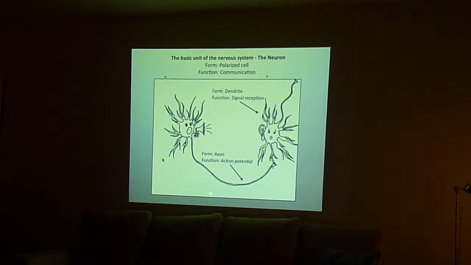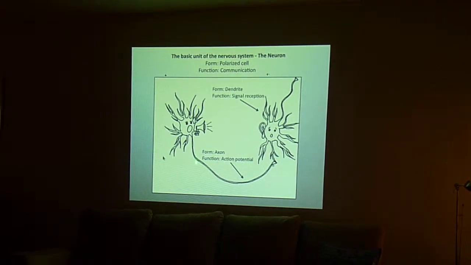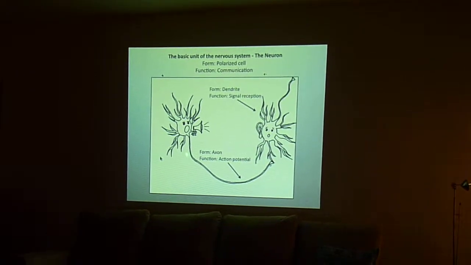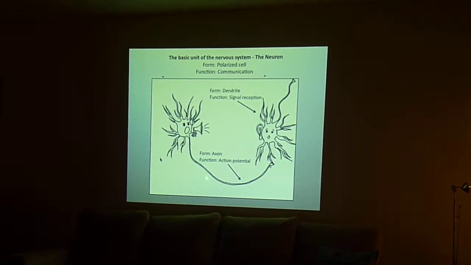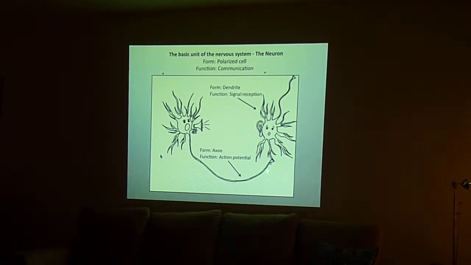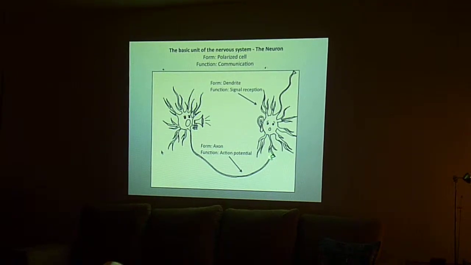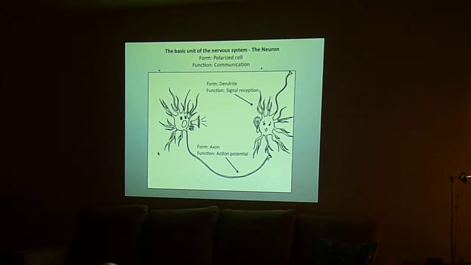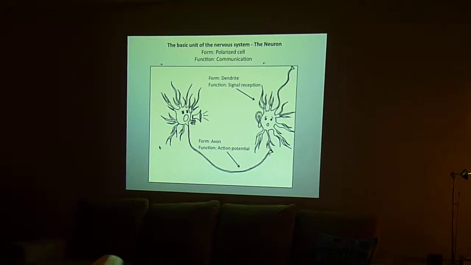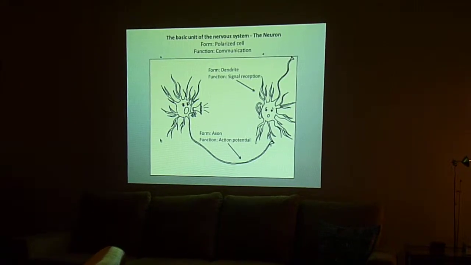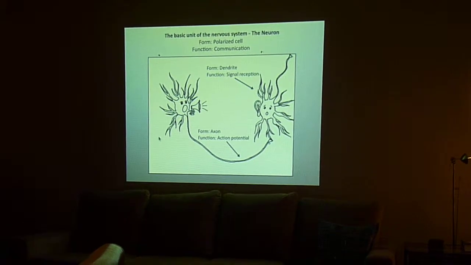So going back to that animation at the beginning, the action potential was that electrical gradient that moved down the axon and then terminated at the end of one synapse and made contact with the dendrite, and it's where that neurotransmitter was passed from the sending cell to the receiving cell.